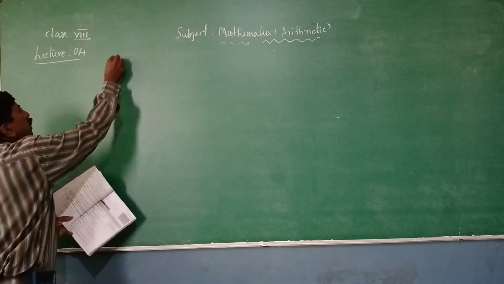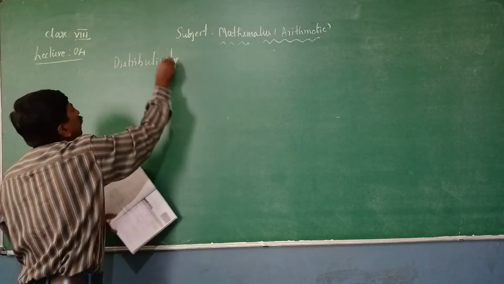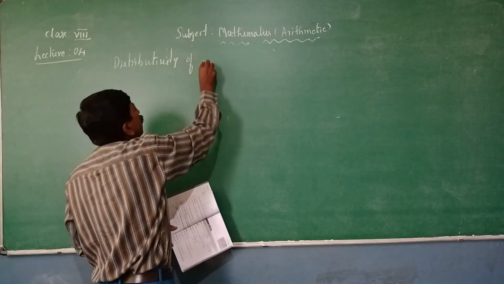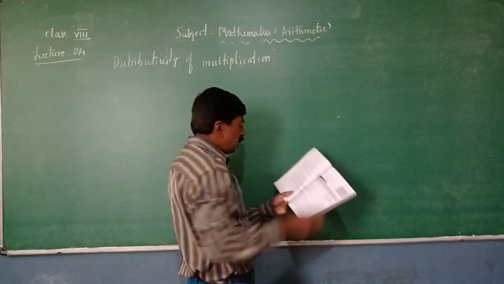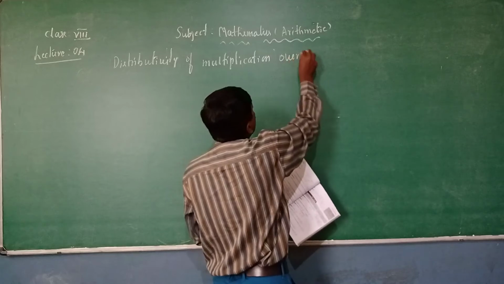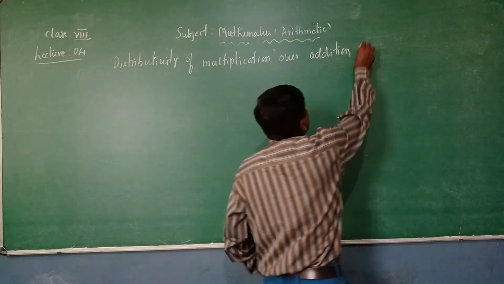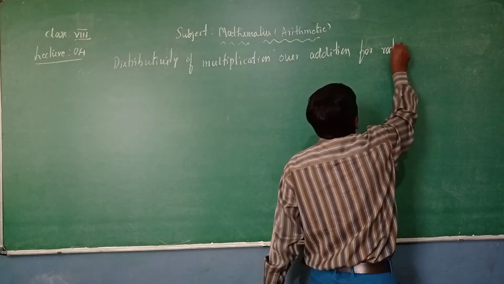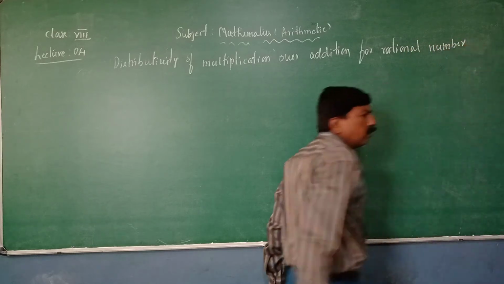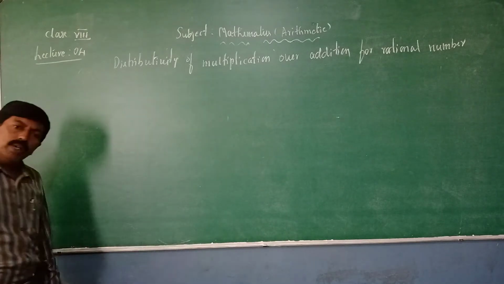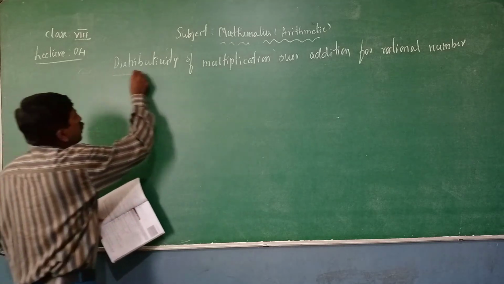So that is distributivity of multiplication over addition for rational numbers. Up to here we already know how to add, multiply and subtract rational numbers. So here use distributivity.